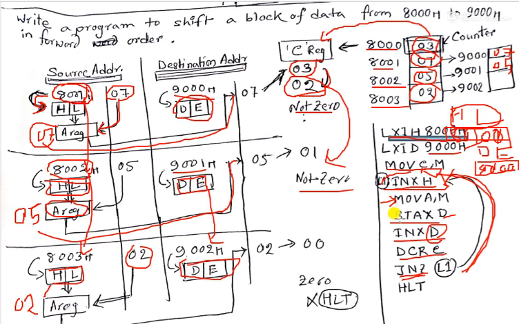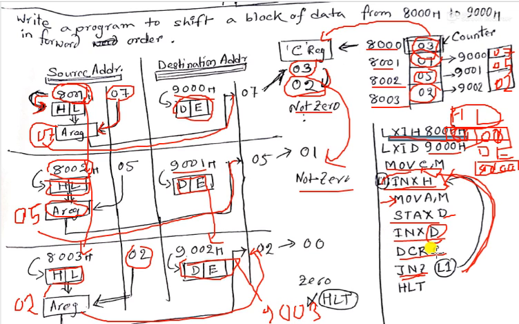Now STAX D, the accumulator content is moved to the DE register pair content address location. So in 9002 it is 02. Okay. Now increment the D, that is DE register pair content will be 9003.